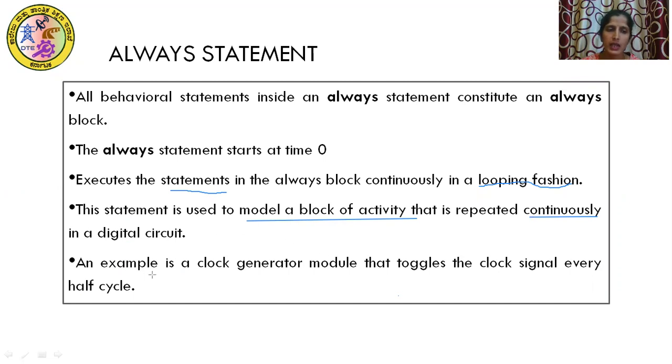The best example is a clock generator module that needs to toggle every half cycle. So if we write a clock generator module, then we need to enclose it within the always statement. So this is about the always behavioral construct.